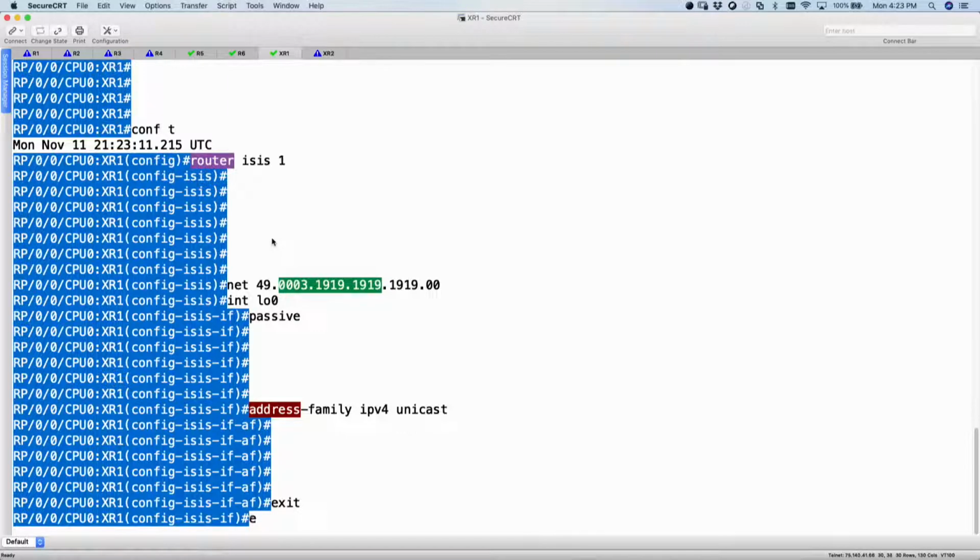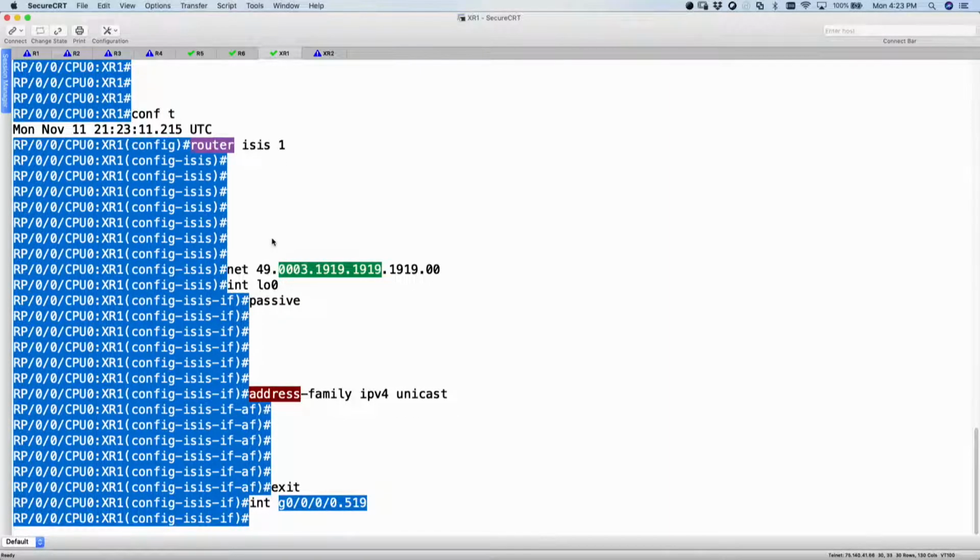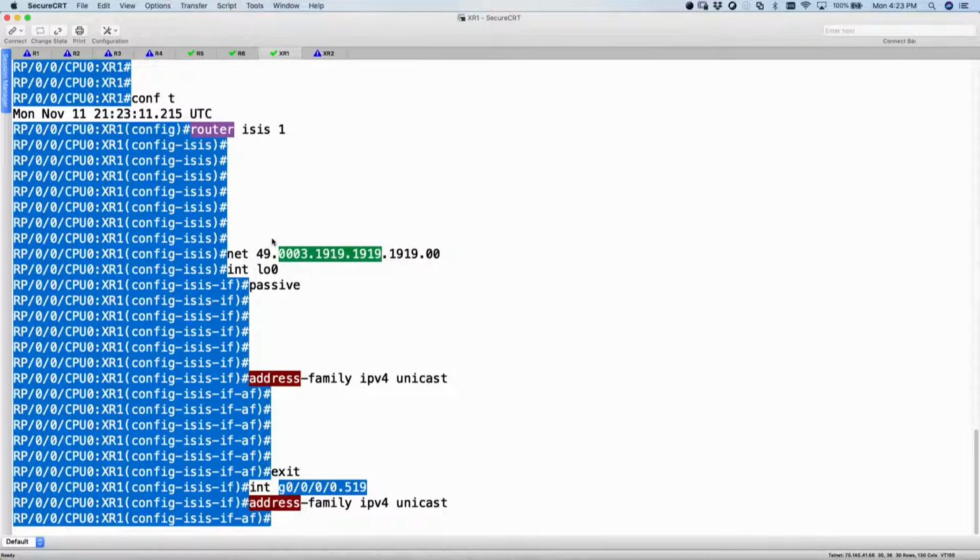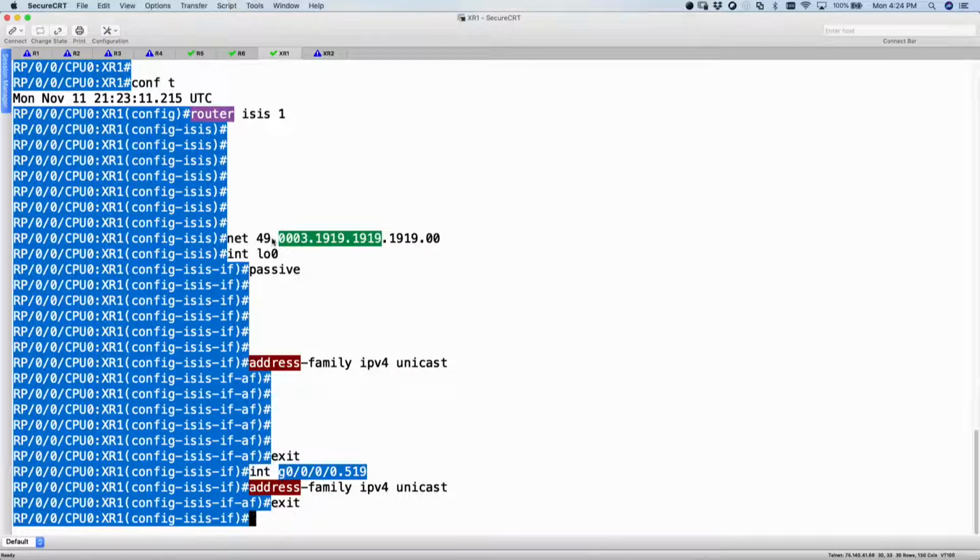Same thing I would do for interface gig 0/0/0/0.519, just the address family. And I could give IS type as level 2, so that circuit type should be level 2. That should be under the interface.